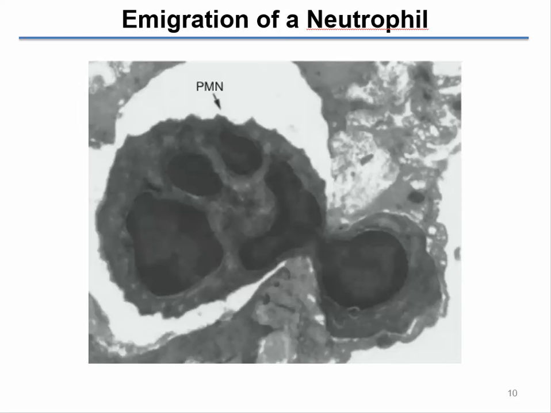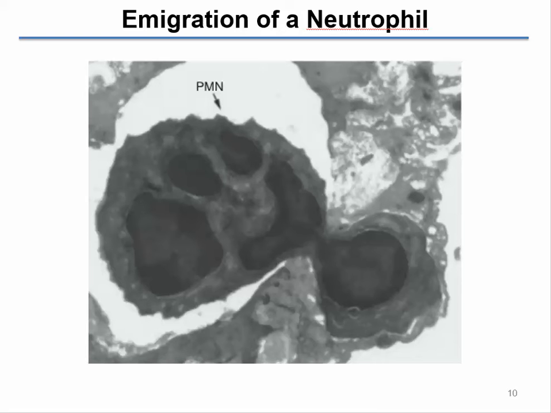This is actually a photomicrograph of a neutrophil undergoing diapedesis. PMN stands for polymorphonucleocytes. You'll notice that in the neutrophils, the nucleus has lots of lobes. So a lot of people that do blood work call them polys or polymorphonucleocytes because that's how you identify them.